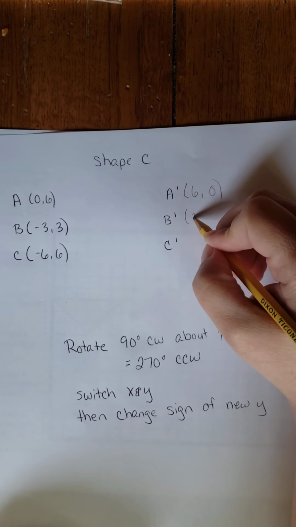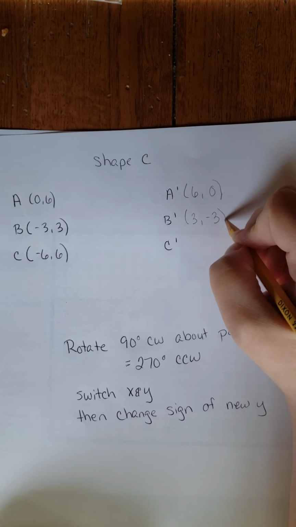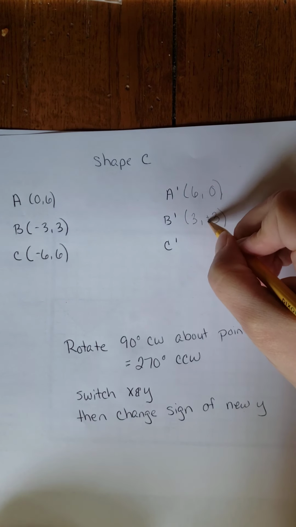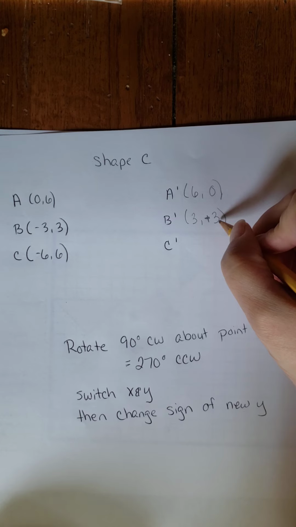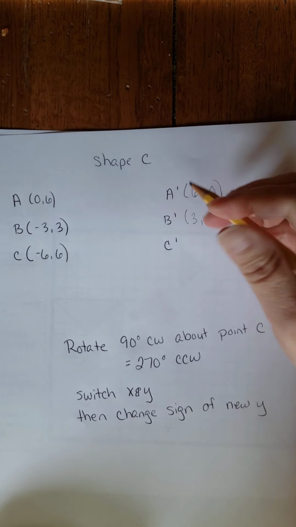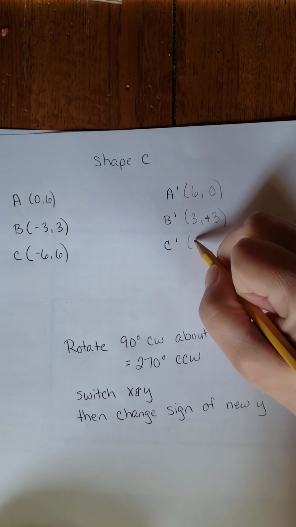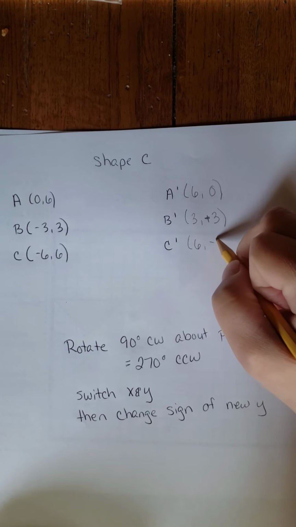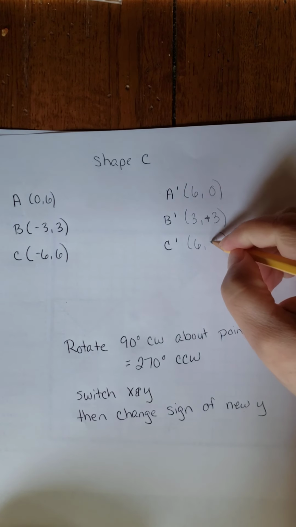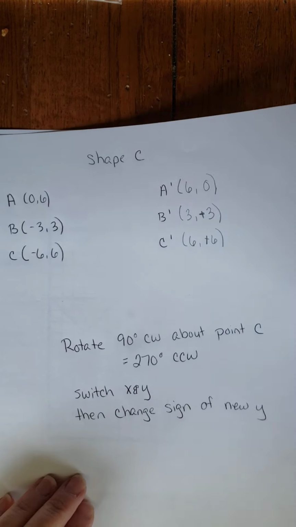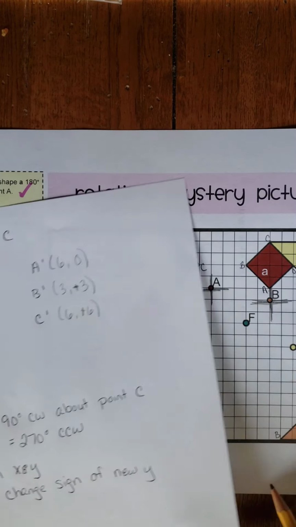So here we switch our X and our Y, and we change the sign of the new Y. So this -3 becomes +3. For C, we switch our X and our Y, and we change the sign of the new Y. So that -6 becomes +6.